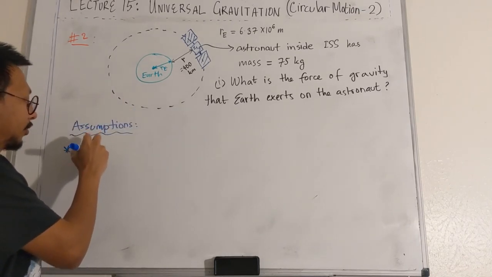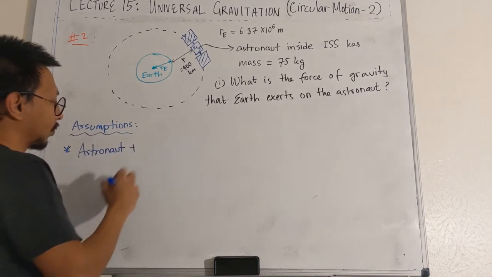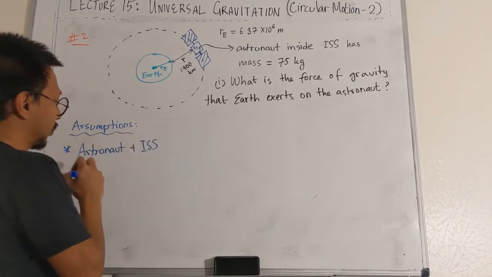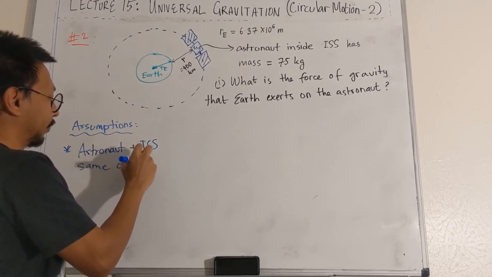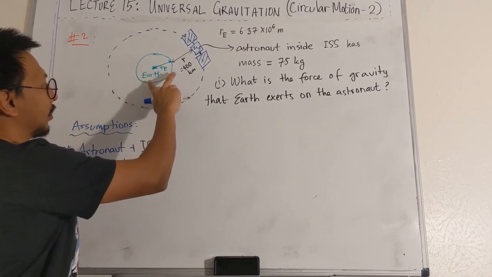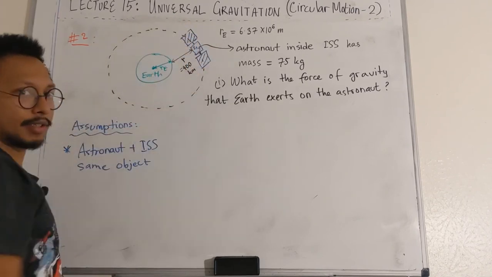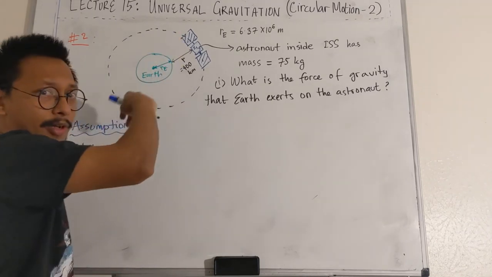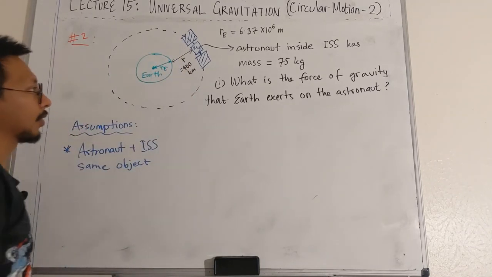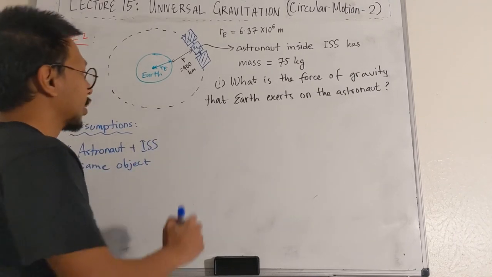So astronaut plus ISS is the same object. So if we say that the Earth is separated by a distance r from the ISS, then we are also essentially saying that the Earth is separated by the same distance from the astronaut. Now let's move on and try and solve this problem.